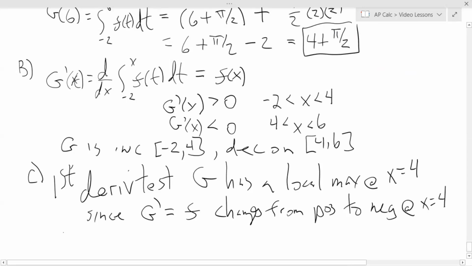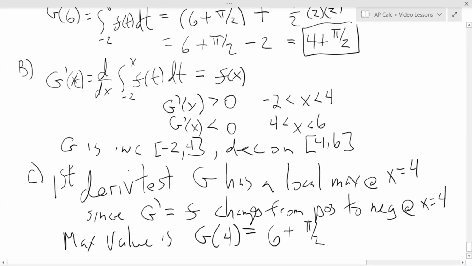And then the max value is g of 4, which we got in the previous problem. So that's 6 plus pi over 2.